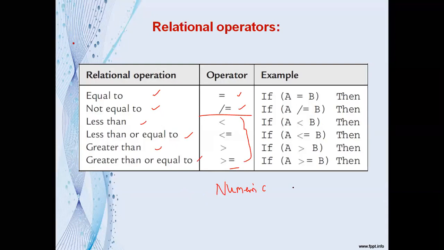Integers, yes, we can perform them on integers. Floating points, we cannot perform on floating points. And also on the discrete array type. Discrete means you will have the enumeration.